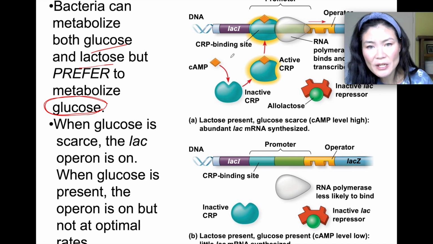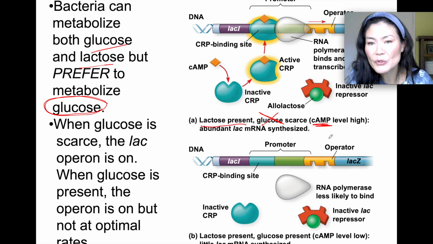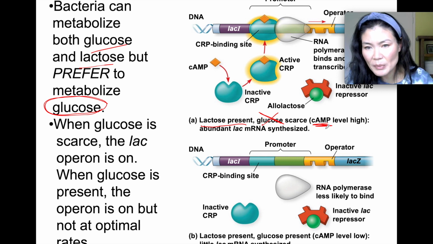Here's an example of when lactose is present, but glucose is scarce. When glucose levels are low, cAMP, which is a type of nucleotide, levels are high. cAMP is going to bind to another protein called CRP, and together they help RNA polymerase transcribe these genes.